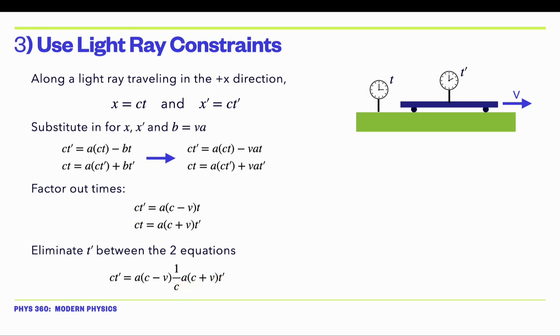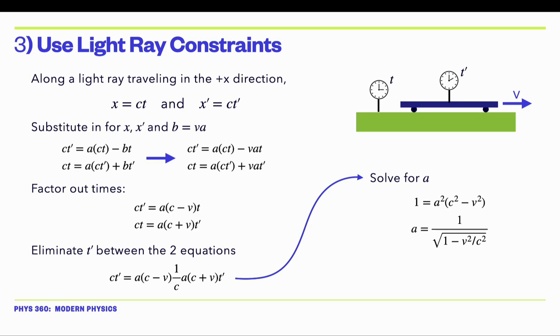So we actually eliminated t between the two equations first, but now notice that the equation that we get left over, there's a t prime on each side. So you can actually eliminate t prime as well. If you divide the left and the right by t prime, you can solve for the a constant. So we're going to divide through by ct prime, the t primes cancel, and then you rearrange the algebra, you get 1 equals a squared times the quantity of c squared minus v squared.